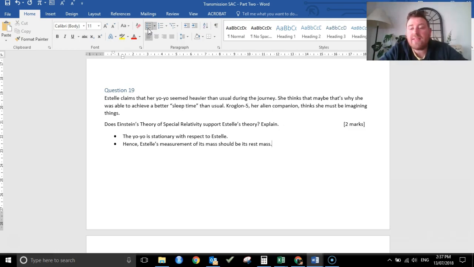So there's nothing relativistic going on there, right? There's a yo-yo that's sitting in front of Estelle, and she's measuring its mass, and it's just sitting there. And then, okay, maybe it's moving when she drops it or whatever, but it's moving at regular speeds, not relativistic speeds, right? Hence, there is nothing relativistic going on here. Estelle is imagining things.